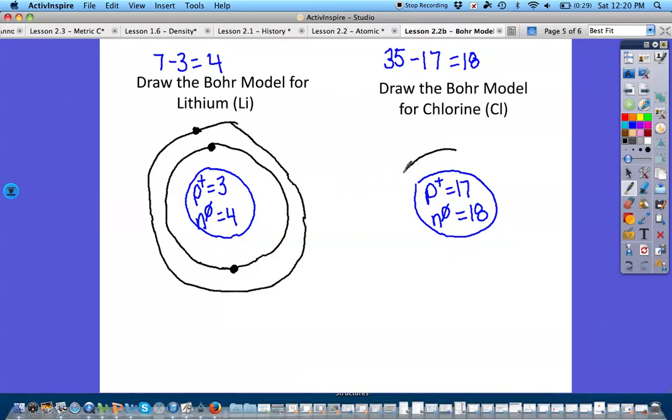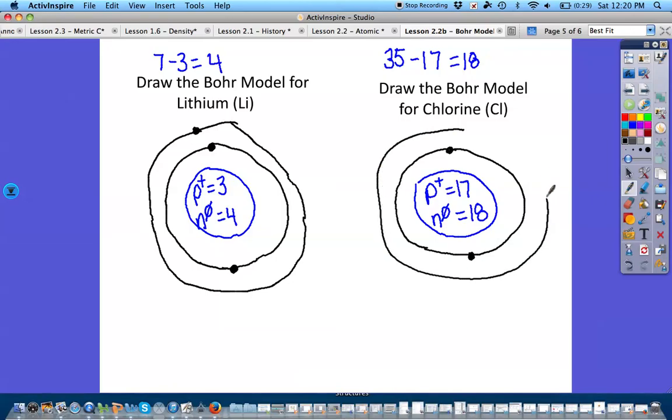So then we need a total of 18 electrons. We're going to put 2 electrons in our first energy level. Our second energy level can have up to 8, and we're going to need those 8.